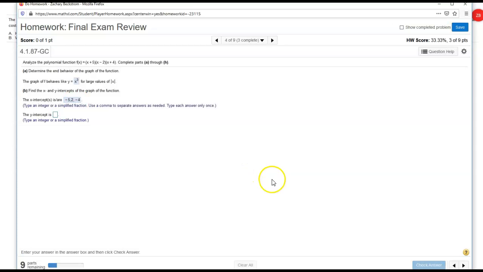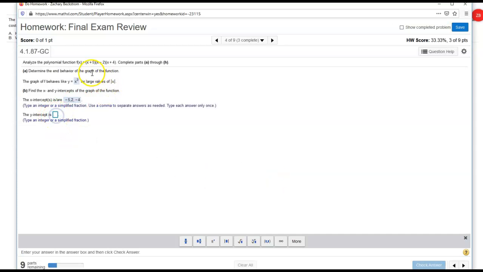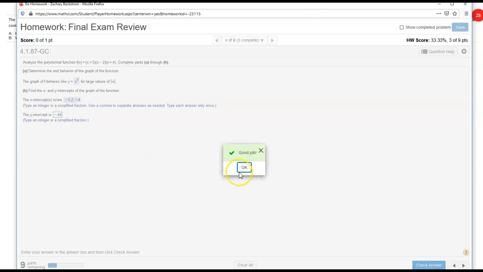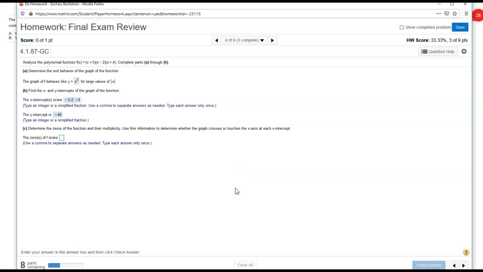All right, that was nice. And then for the y-intercept, we're going to let our x equal 0. So you're going to have a 5 times a -2, which is -10. -10 times a +4 is -40. So in factored form, much easier than when we have to factor.